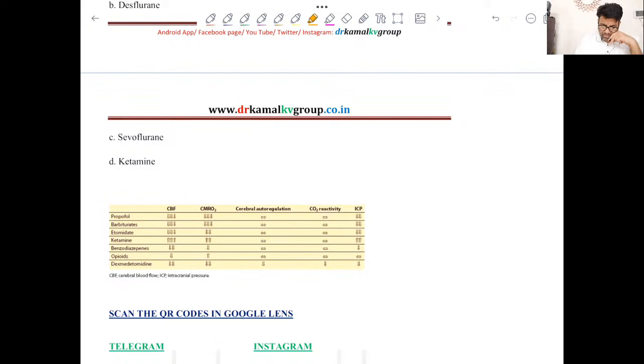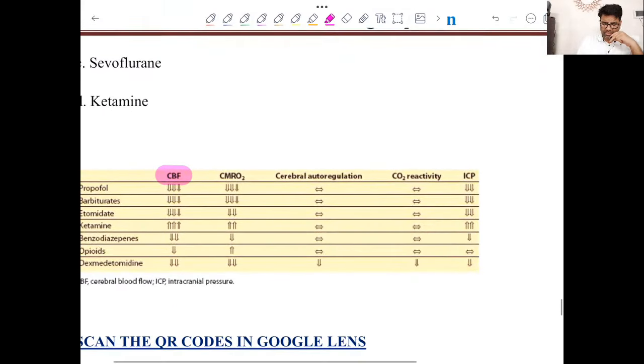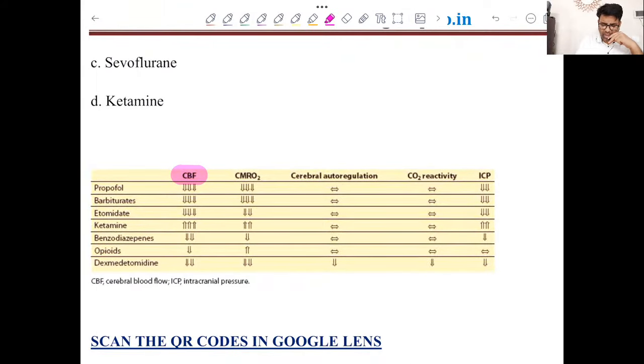So if we look here, this is the cerebral blood flow, and nearly everyone is decreasing the cerebral blood flow. So propofol, we all know that propofol is cerebroprotective.